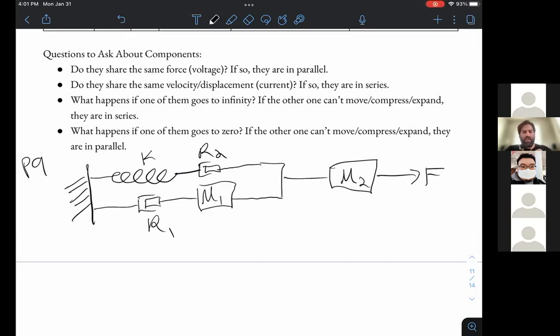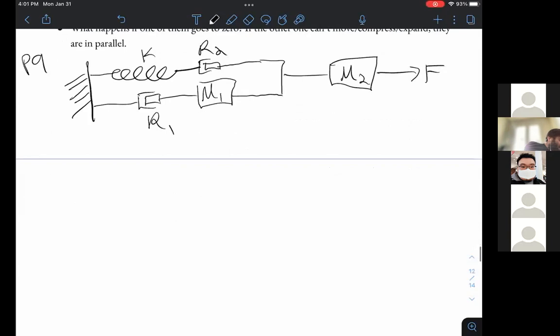So lots to keep track of in your head. What happens if one of them goes to 0? If the other one can't move, compress, expand, they're in parallel. And what I mean by that is this analogy. If I draw my voltage source, draw it circular, plus and V. Hold on.